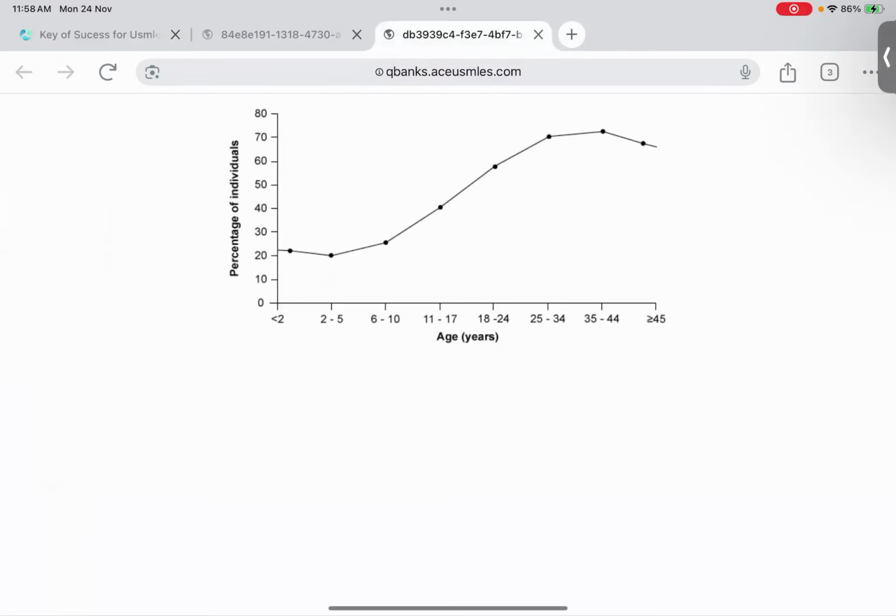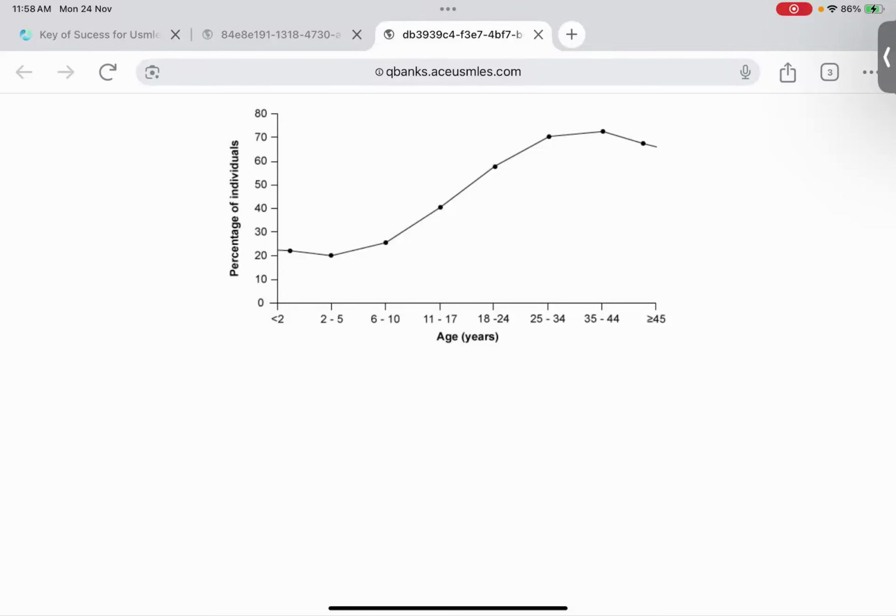So what do you see on this graph? That it's increasing with age. Yeah, so the colonization actually increases. On the y-axis you have percentage of individuals, and on the x-axis you have age in years.